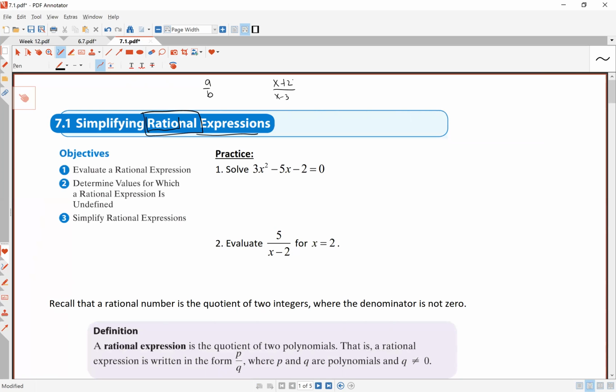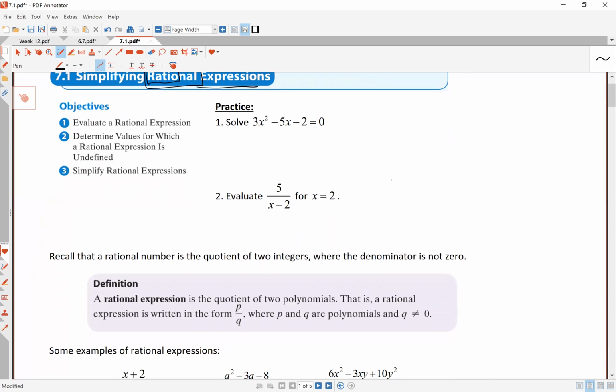And so some of the skills we're going to need for this are being able to solve quadratic equations, like this one. We do this one by the AC method. 3 times negative 2 is negative 6. That adds to negative 5.